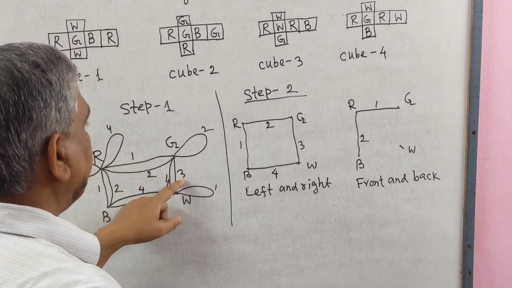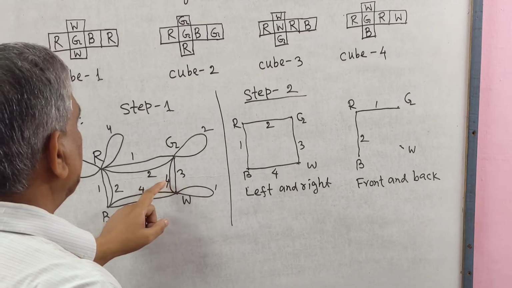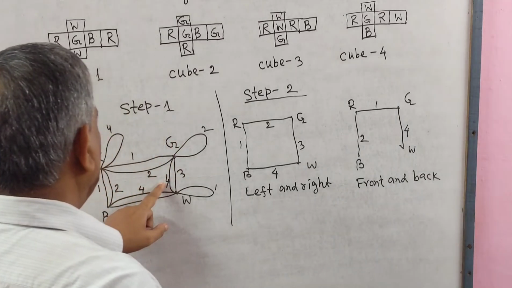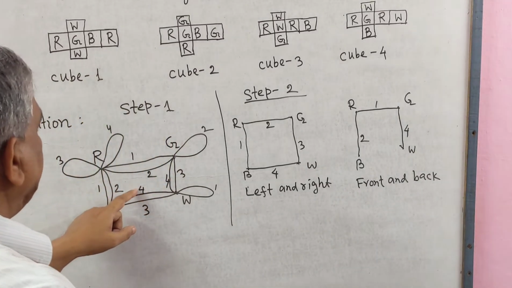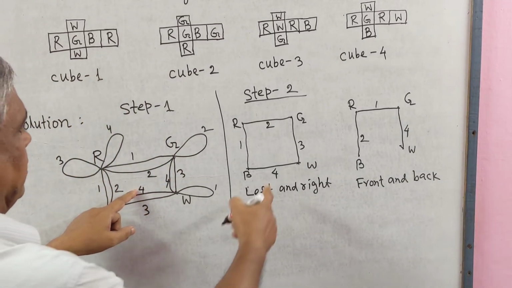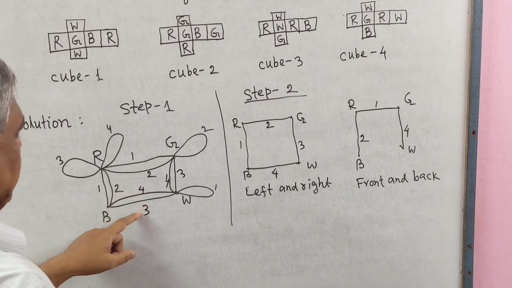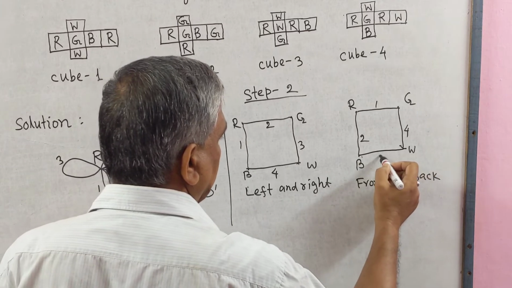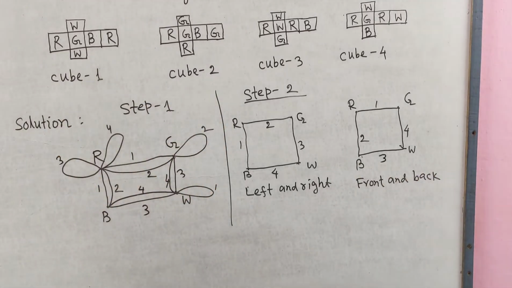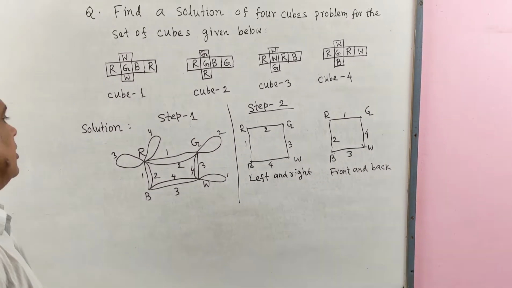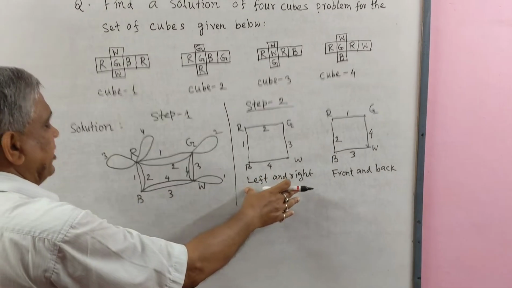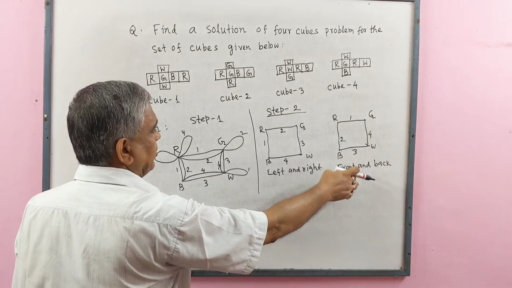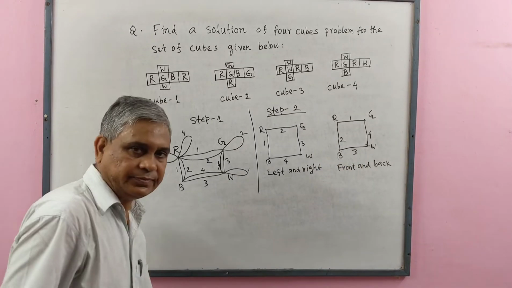Here we have already taken 3, so remains 4. Here we have already taken 4, so remains 3. So we get 2 subgraphs. One subgraph represents left and right, and other subgraph for front and back.